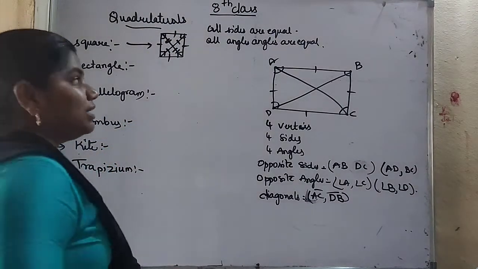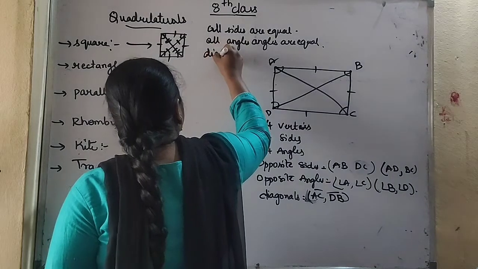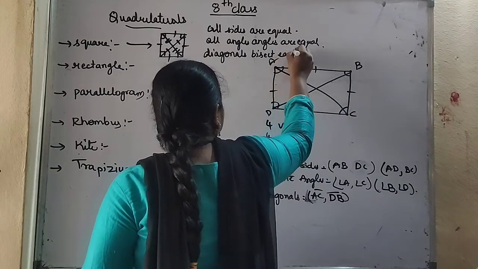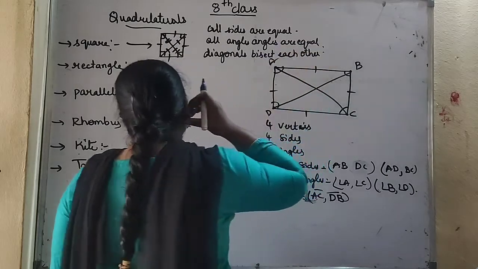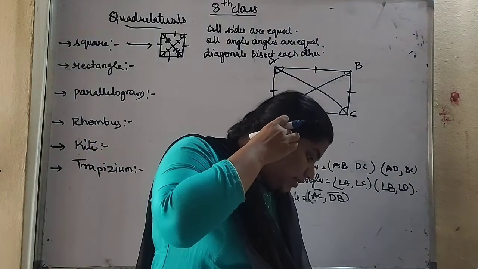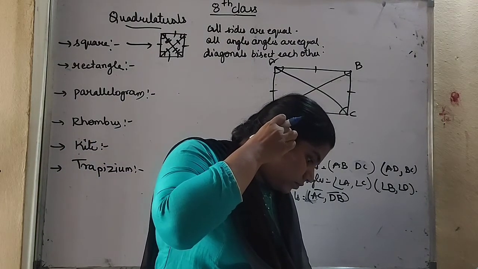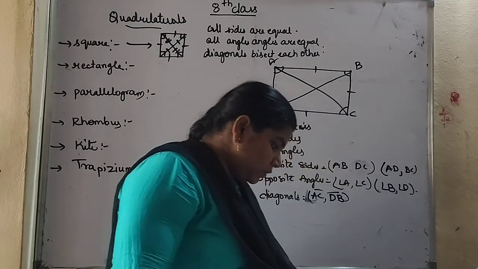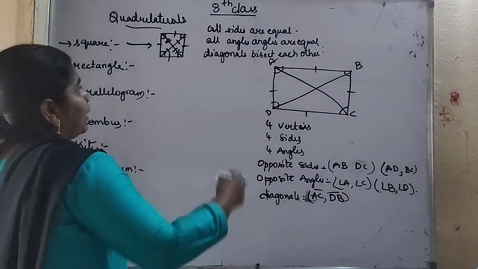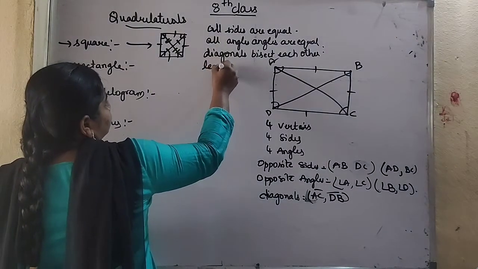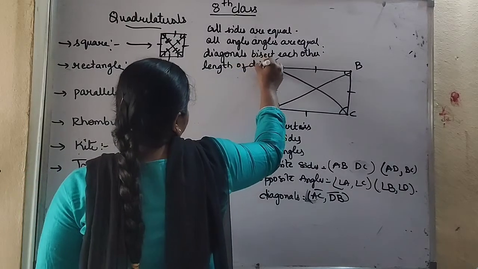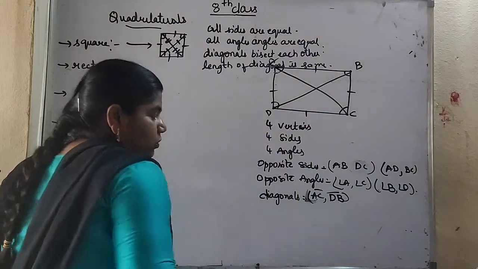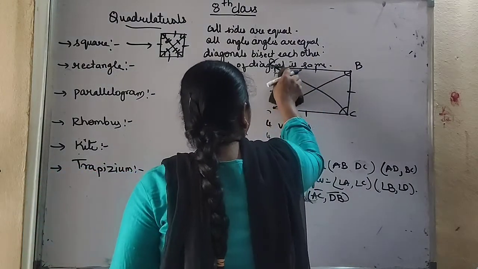So here the diagonals bisect each other, and the lengths of the diagonals are the same. So these are the properties of a square. Now next is rectangle.